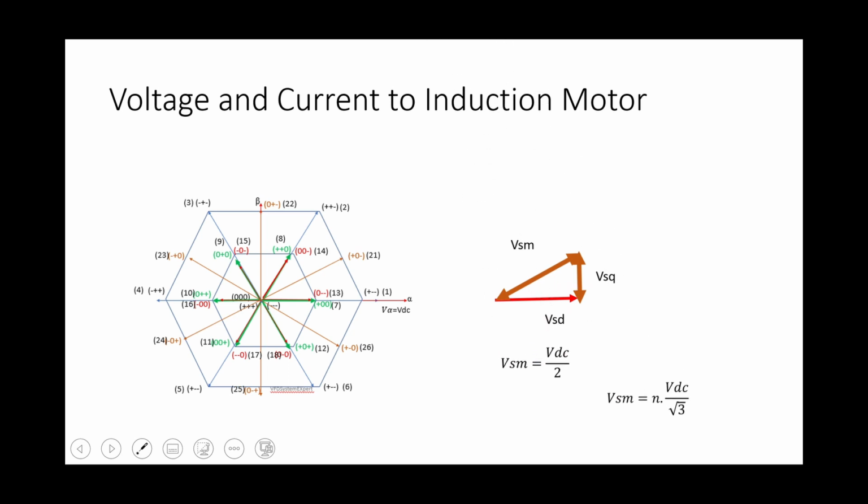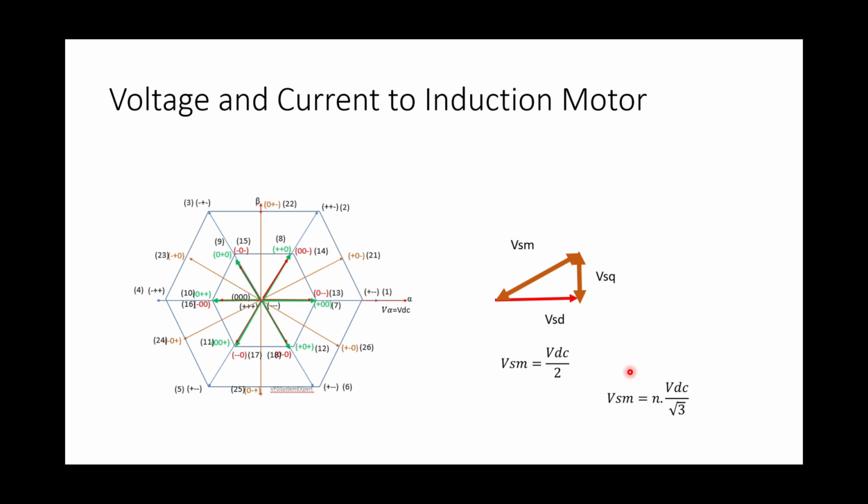We have divided it into D component and Q component, and VSM is nothing but the voltage at the motor terminal. So it may be VDC by 2, and if we put all the equations together, it is VDC by root 3, where N here is the inverter dead time or switching time.